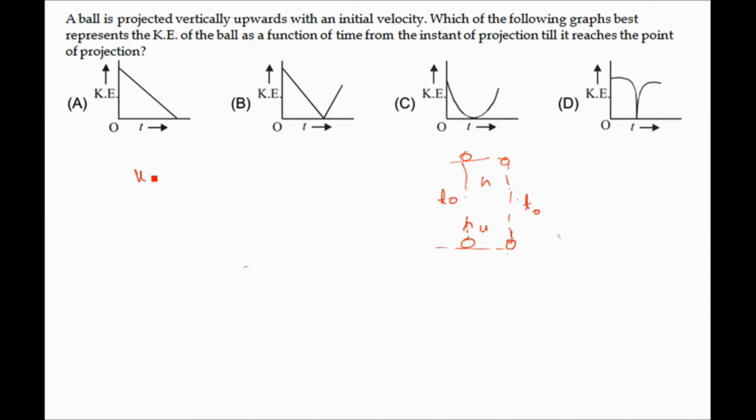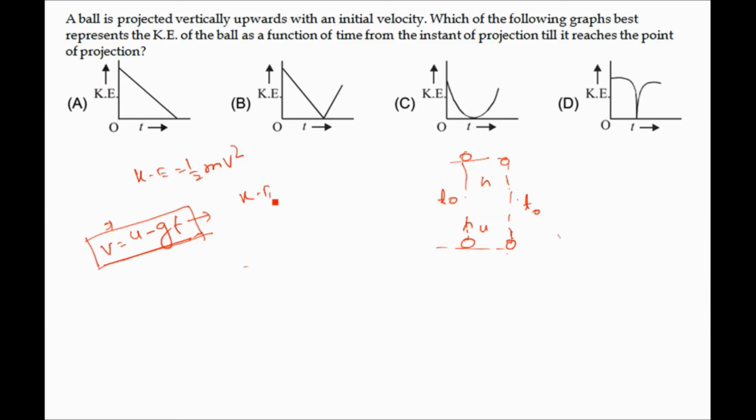Now you have to represent the graph of kinetic energy as a function of time. The kinetic energy is given by half mv square, and v is the velocity of the ball at any time instant t, given by v is equal to u minus gt, as we know from the equation of kinematics. If you have any doubt in it, you can go to my topic motion in a straight line to get an idea about it.